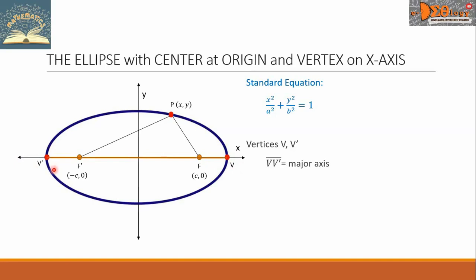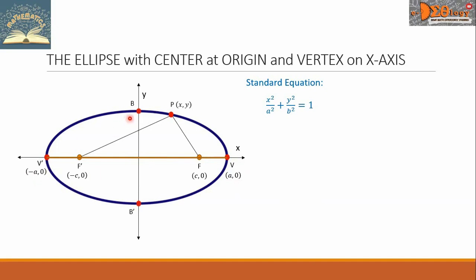The line segment connecting these two vertices is called major axis. And if we denote this by 2a, we can now write the coordinates of the vertices. So the V will have the coordinates (a, 0) and V prime to be (-a, 0).